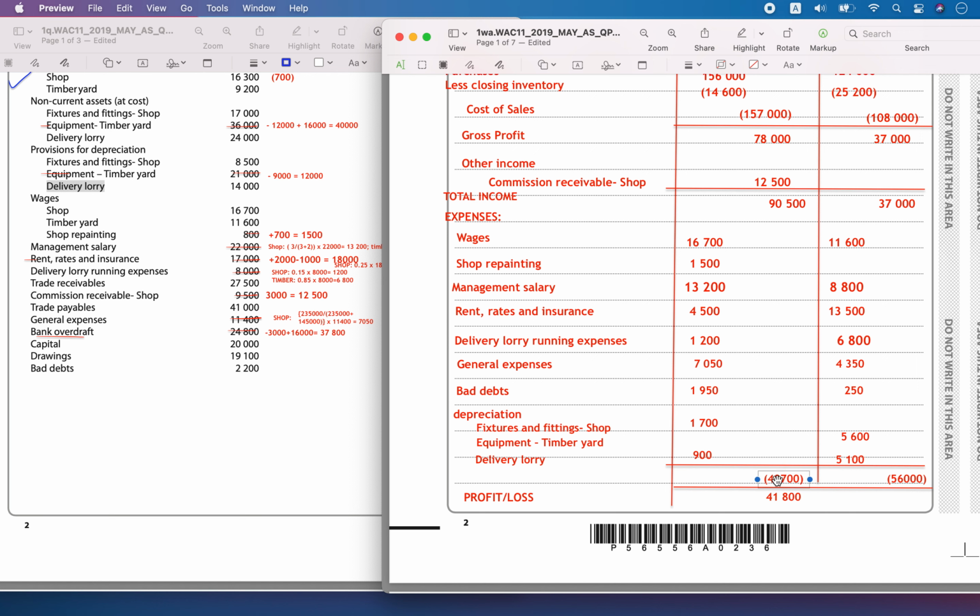So 41,800 is a profit. Then for the timber yard, 37,000 minus 56,000. Here there is a loss. The loss is around 19,000. Expenses have become greater for the timber yard.